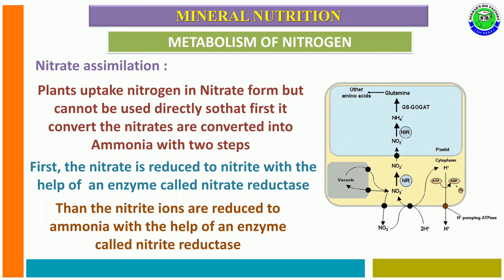Then the nitrite ions are reduced into ammonia with the help of the enzyme nitrite reductase. Then this ammonia can be utilized by the plant cell for further metabolism.